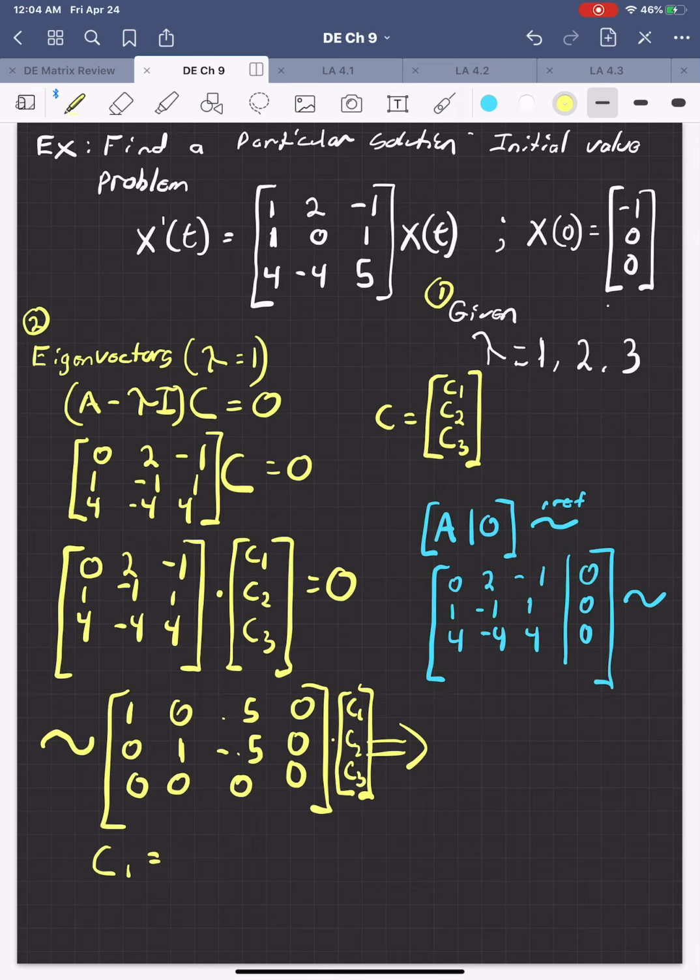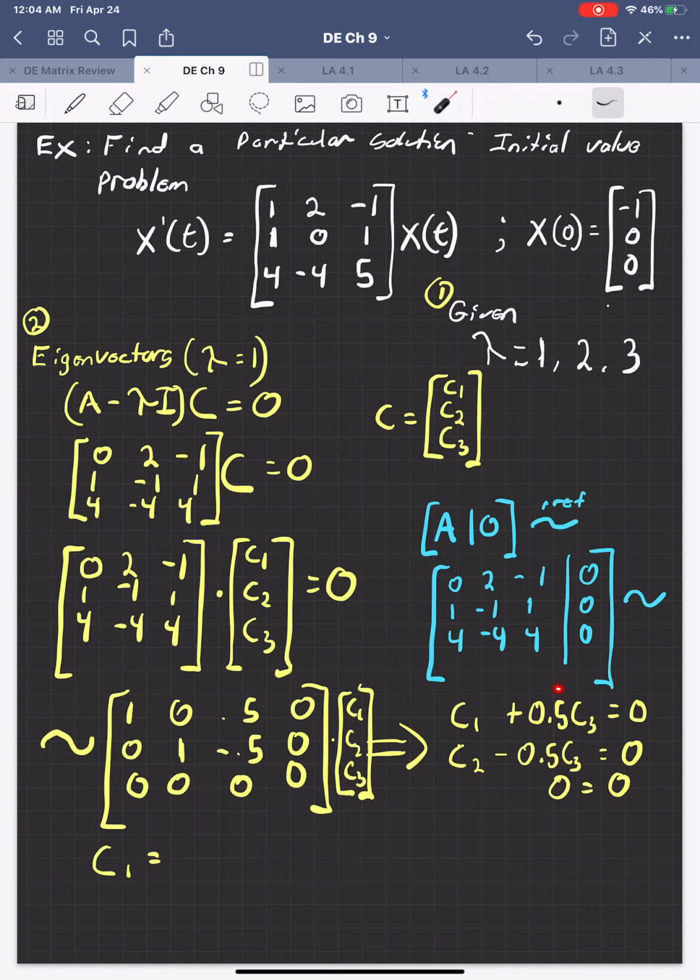This would be C sub 1 plus 0.5 C sub 3 is equal to 0. That's the way you would think about that, okay? Then you would have C sub 2 minus 0.5 C sub 3 is equal to 0. And then you would simply have 0 equals 0 here.